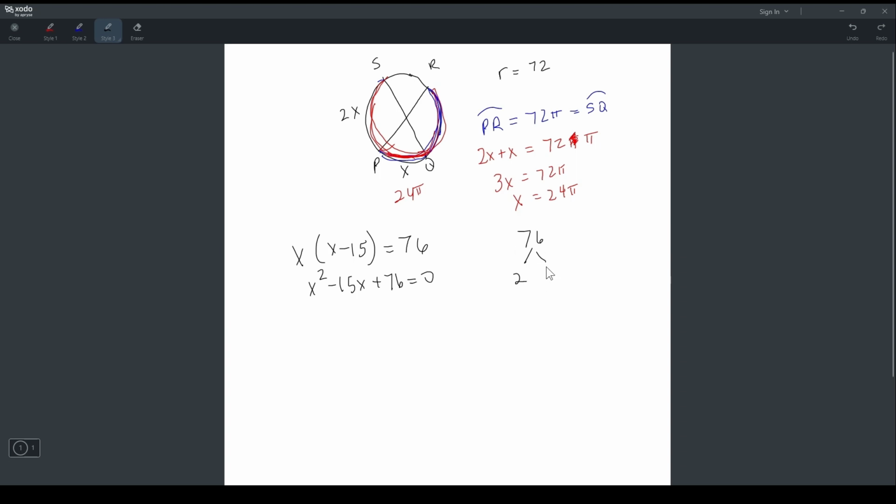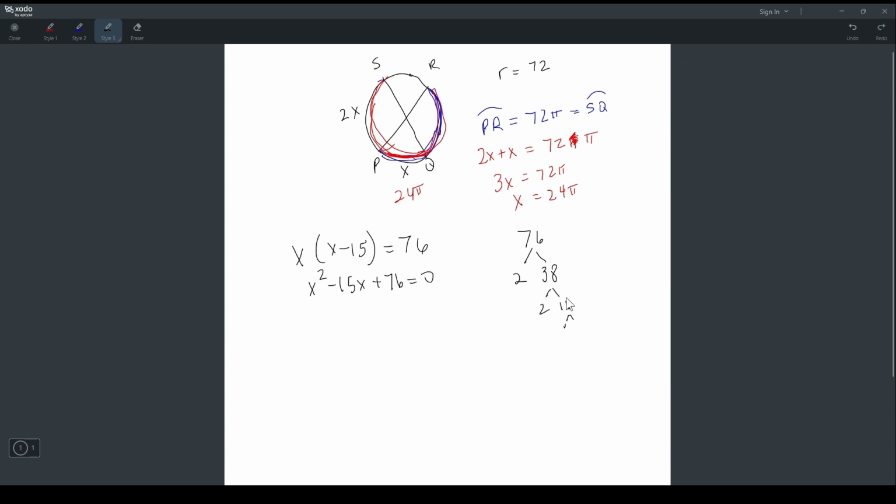2 and 38. This is 2 and 16. Wait, 38 is 76. Am I right? Yes. 2 and 16. Am I doing too much?